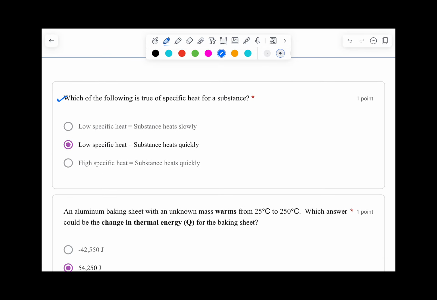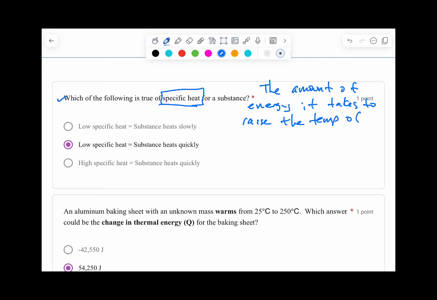Which of the following is true about specific heat of a substance? Well, again, you guys, one of the things you have to know is the definition for specific heat. Specific heat is, by definition, the amount of energy it takes to raise the temperature of a substance (1°C).